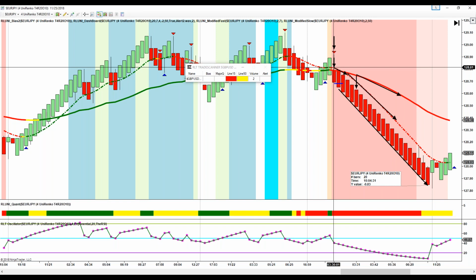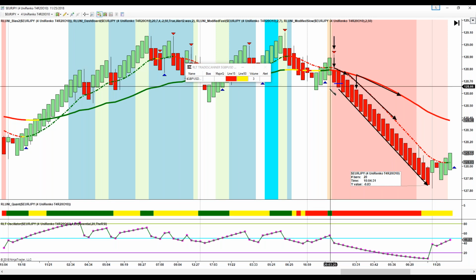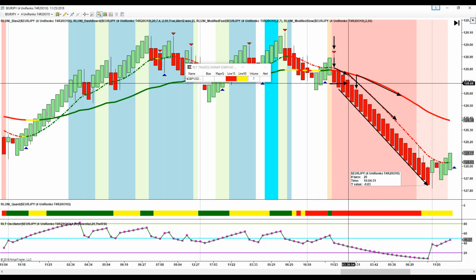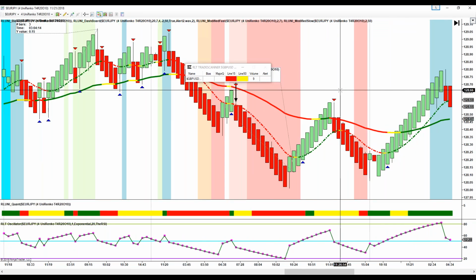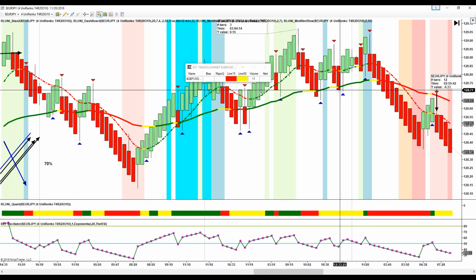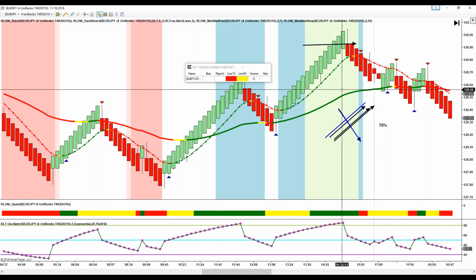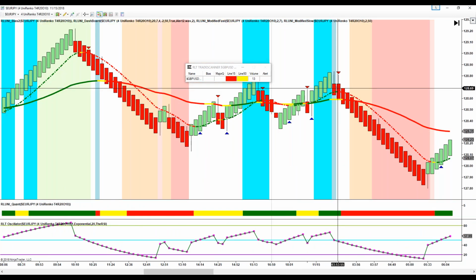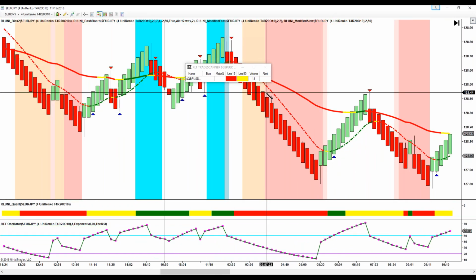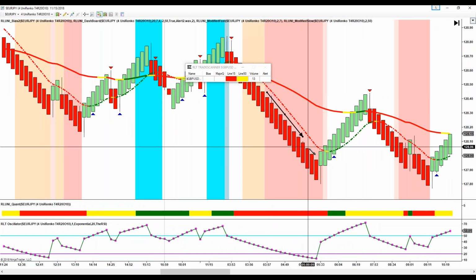Actually, this isn't even a good example. As soon as you open the scanner, you've got an entry. You're just going to take it right here. Let's get a better example. And I know exactly what you're talking about. Okay, right here. So the scanner is going to go off here.